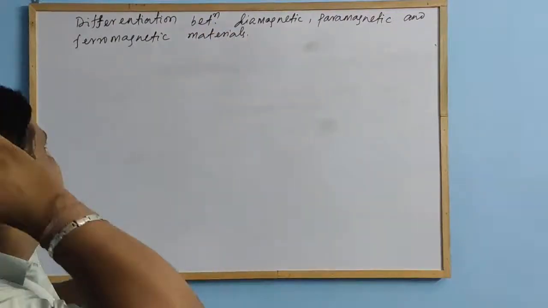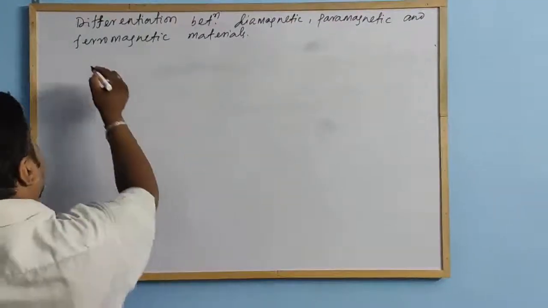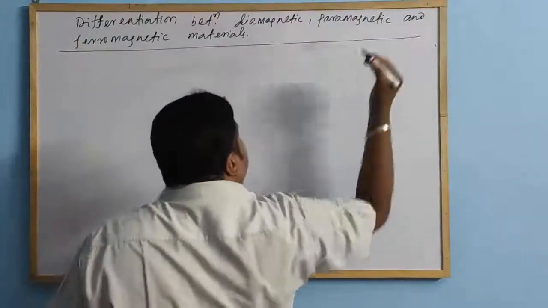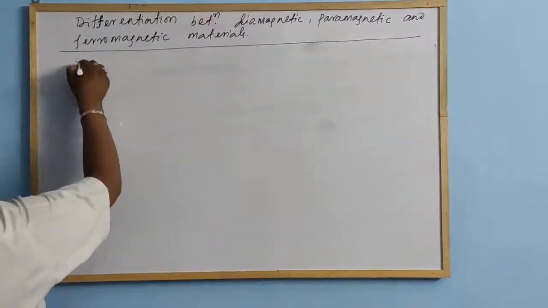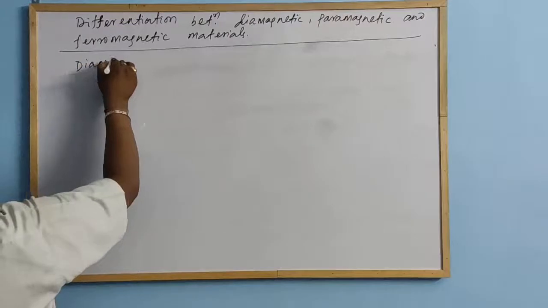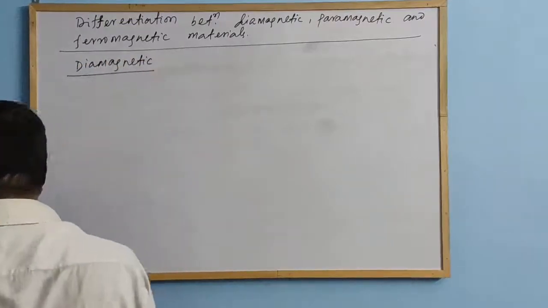Differentiation between diamagnetic, paramagnetic and ferromagnetic materials. Let me differentiate these. Let me write first diamagnetic, number one.